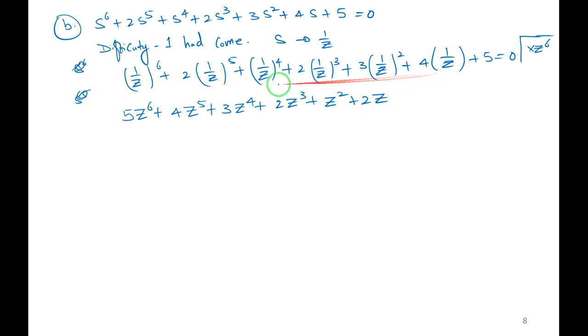I am coming in the reverse way, right? So this is the modified characteristic equation.